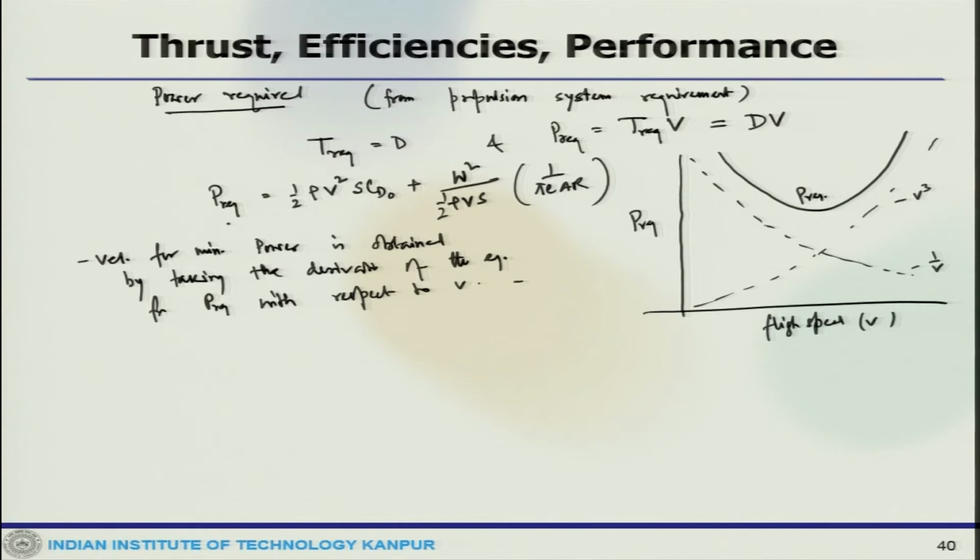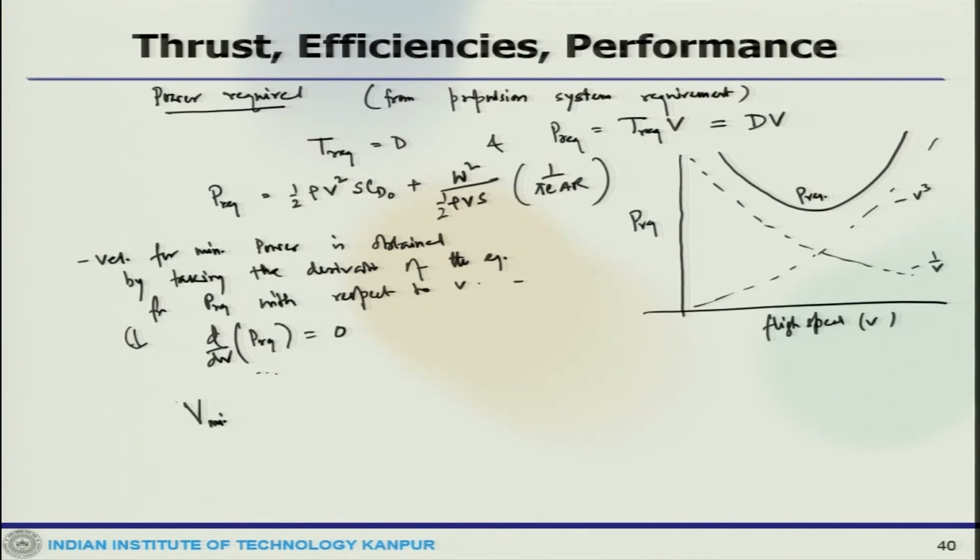So we take d by dV of P required to be 0 and find that velocity. One can do the maths here, we are not going into that calculation because it is quite straightforward.